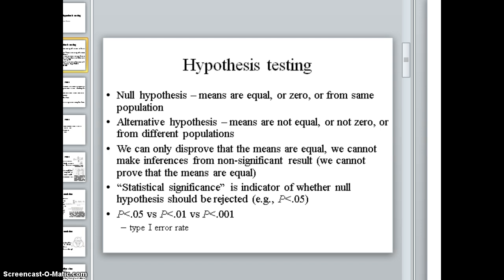So if we ran the test 100 times, how many false positives are we likely to get? That's what the p-value is, and that's also what the type 1 error rate is. If you run a statistical test and you get a p-value of less than 0.05, which is a commonly used threshold for statistical significance, there's nothing special about p less than 0.05. It's just the one that kind of caught on.